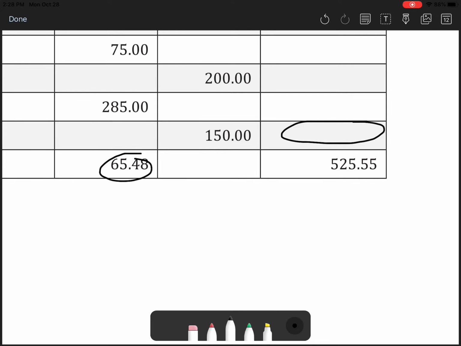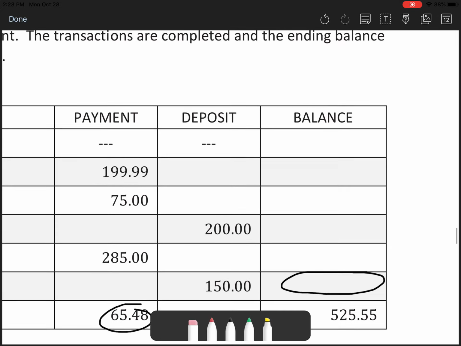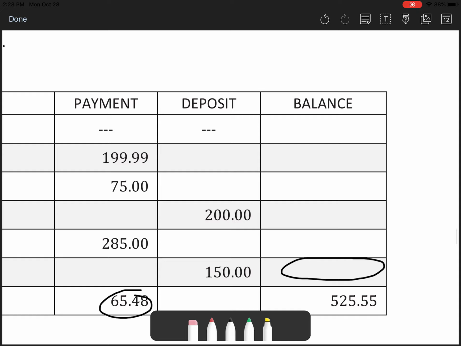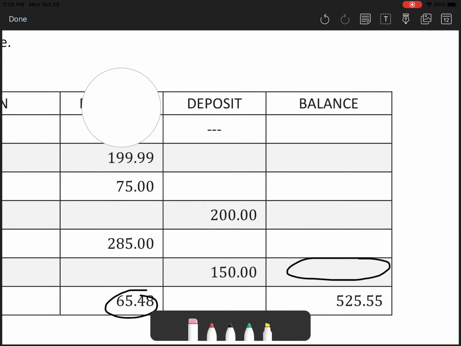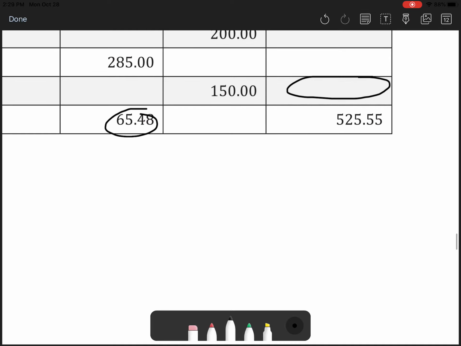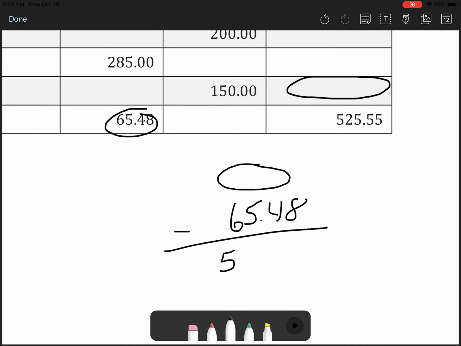And then I have a payment of $65.48, and then I got that. So I had something, and then I subtracted $65.48, and I got $52.55.